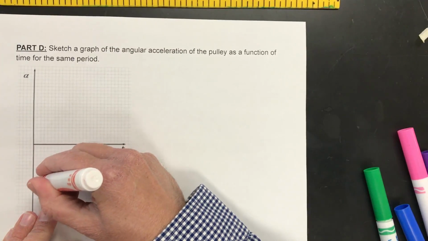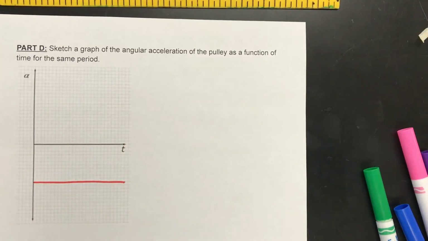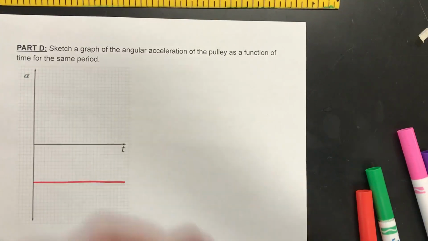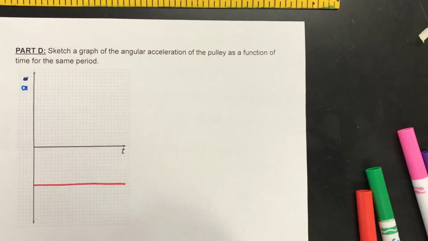And so you'll have a constant but negative angular acceleration. Again, if this was the block and we said not alpha for angular acceleration but just a for linear acceleration, what would be the acceleration of that block as a function of time? It would just be that, with a straight line down in the negative direction.